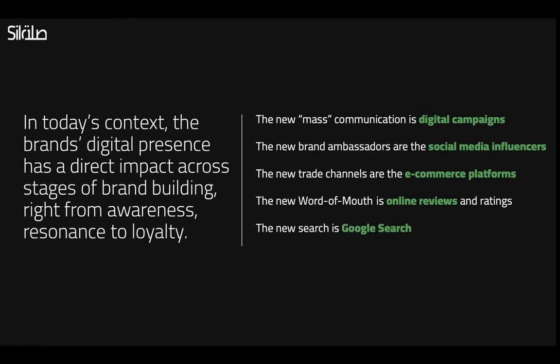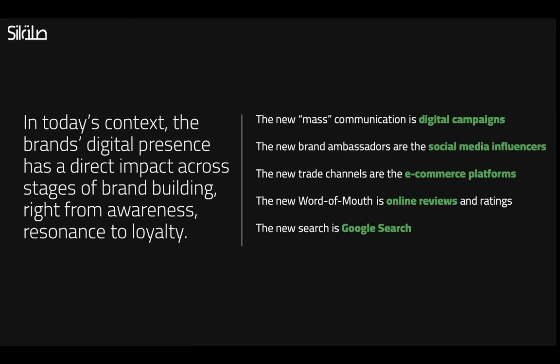The environment has changed today. We are in a very digital-dependent environment where a significant proportion of marketing budgets have moved to digital. May that be your digital campaigns, or a lot of budgets that were assigned for brand ambassadors have moved to social media influencers, your new trade channels or e-commerce platforms, your word of mouth or online reviews, whether that may be Google reviews, Amazon reviews, or whichever third-party platform is relevant to your industry.